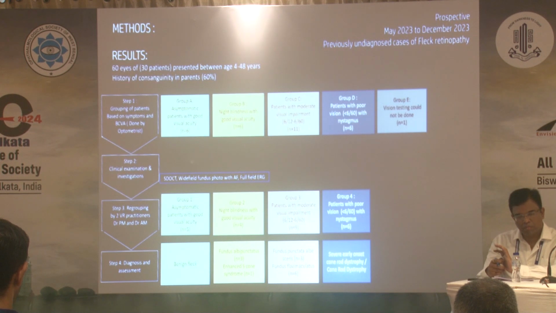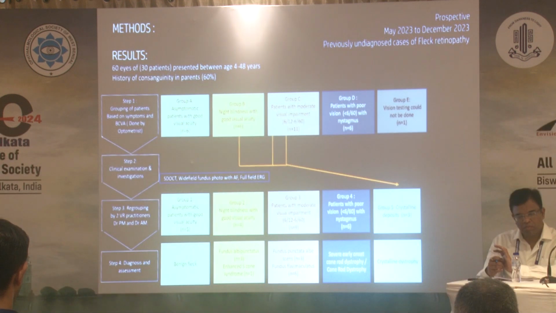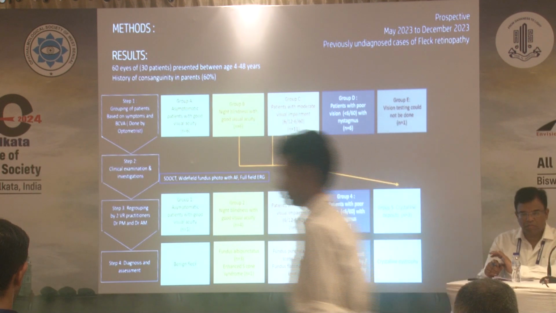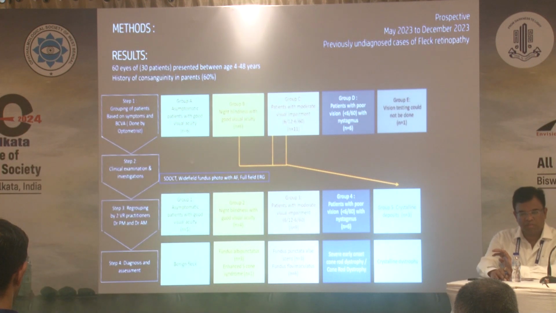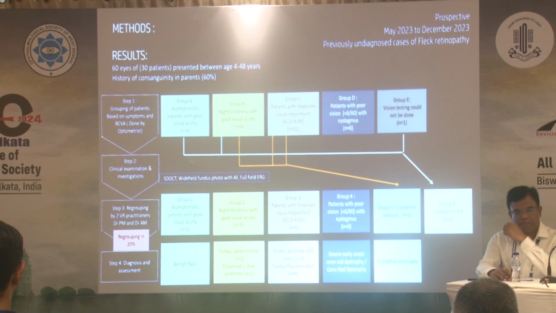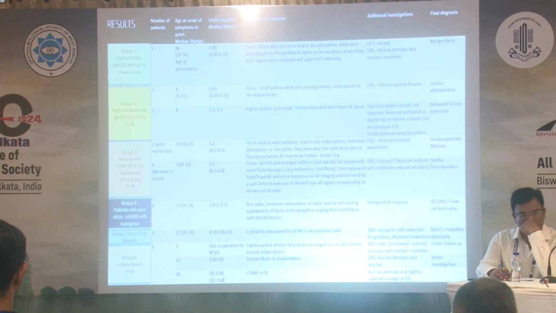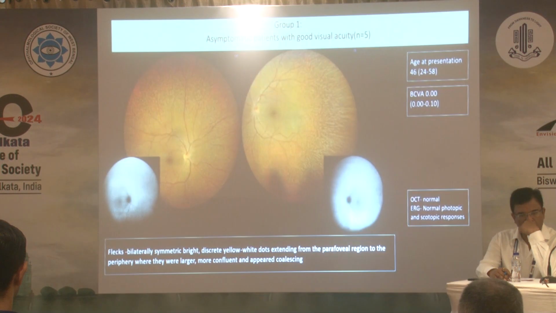Group 4 was from group D, diagnosed to have severe early onset cone rod dystrophy. Now, 1 patient from group B and 2 patients of group C were clubbed into group 5, which was the crystalline deposits, and group 6 was the undetermined category. Now, regrouping of the patient from the optometrist level to the doctor level happened in 20% of the patients. Now, this is a complex results table, which I will simplify further.